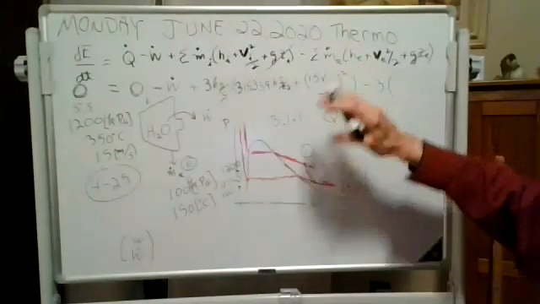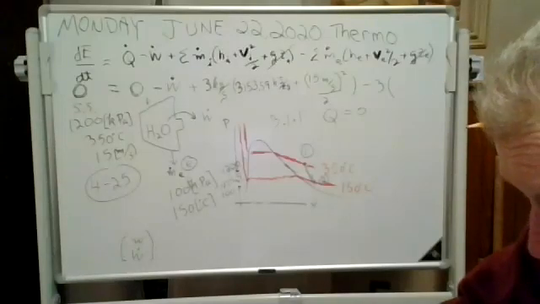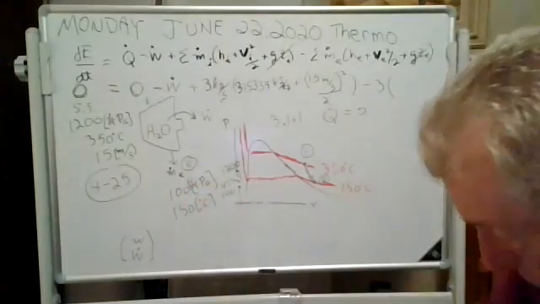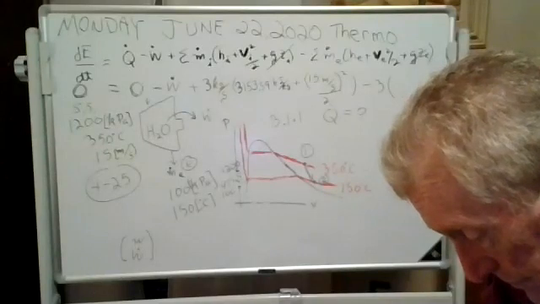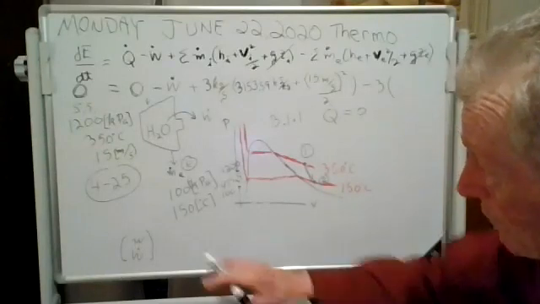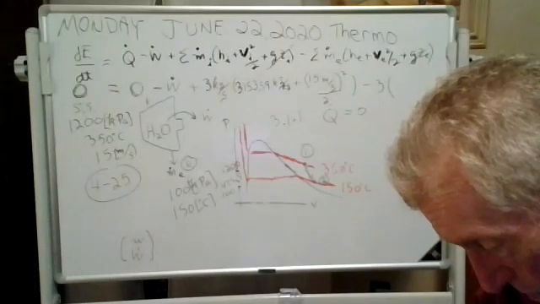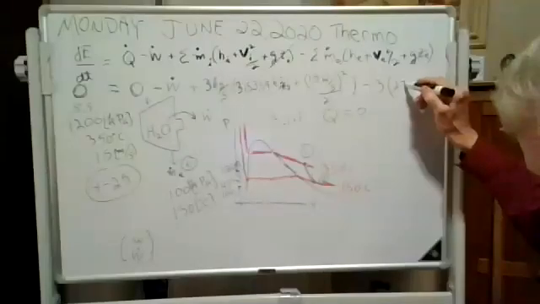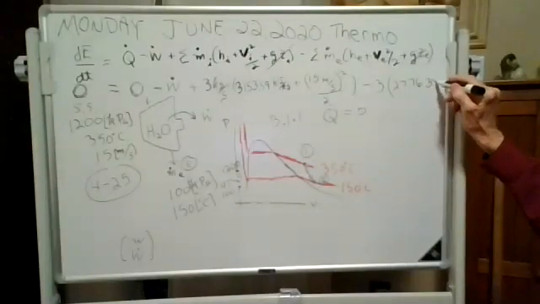But I need to know this exiting specific enthalpy. So I need to go to 100 kilopascals and 150 C. By Jove, there it is. It's 277,638.